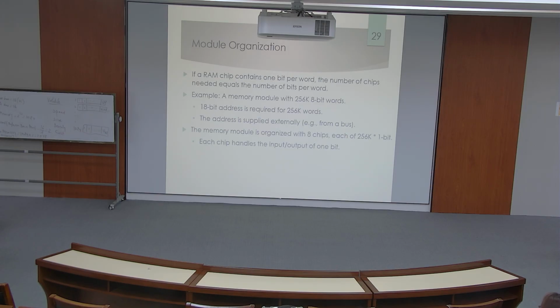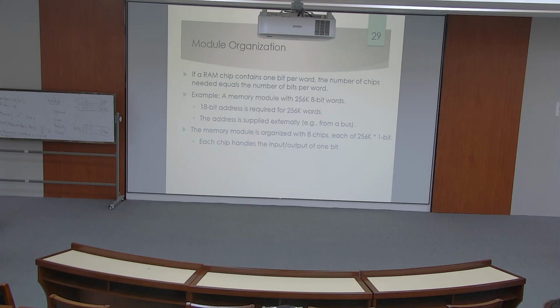We have a simple example: a memory module with 256 kilobytes, each an 8-bit word. That means we have an 18-bit address, which is required to address these 256 kilobyte words. The address is then supplied externally from a bus, for example.